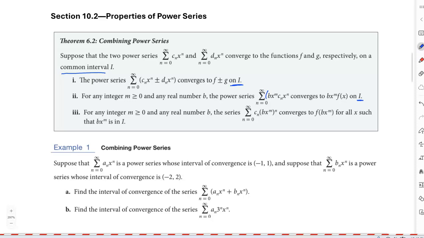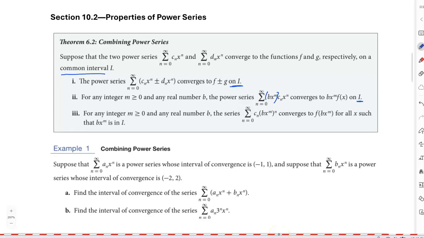We've got b times x to the m multiplied by my original series here, c sub n x to the n. And notice that we're going to multiply that function f that series converges to, because remember that series c sub n x to the n converged to f. We're just going to multiply it by whatever that b times x to the m is.